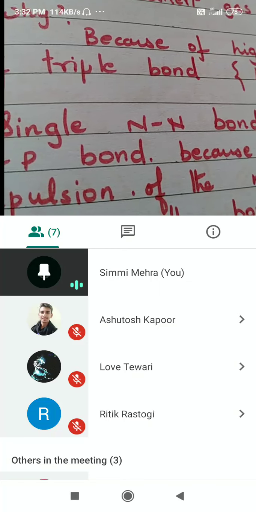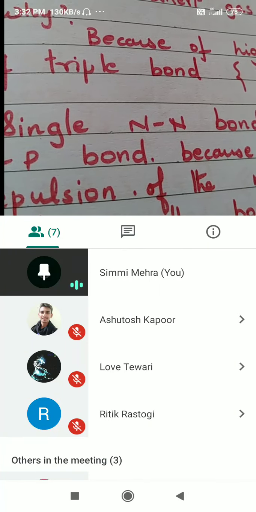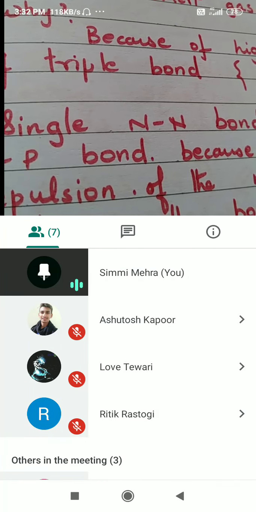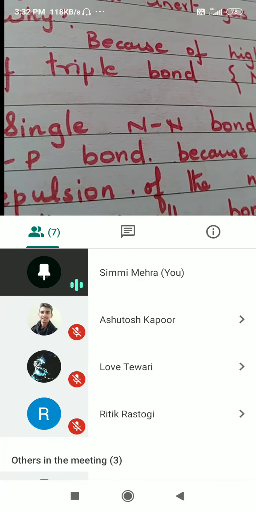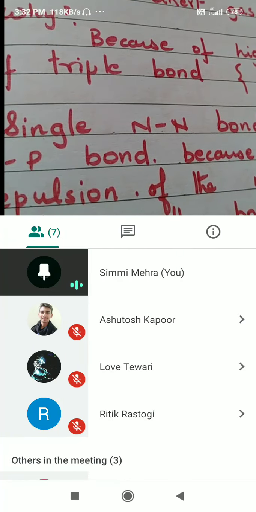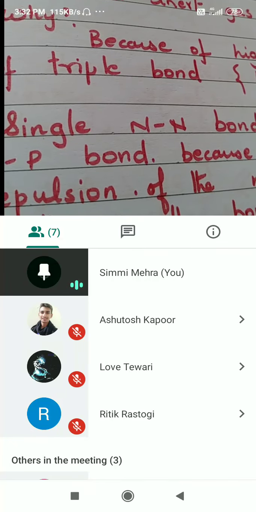We first have chlorine and then we have fluorine, and there I had given you the reason. Inter-electronic repulsion is there because the two fluorine atoms are so small that when they overlap, the non-bonded electrons repel each other.